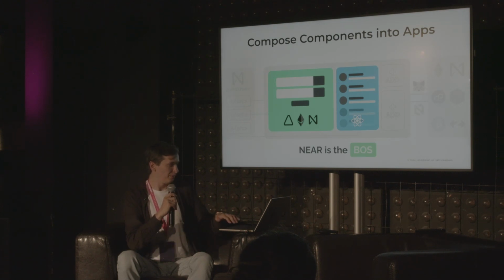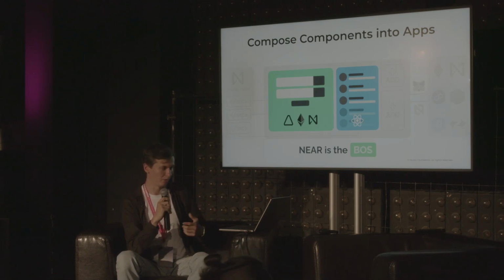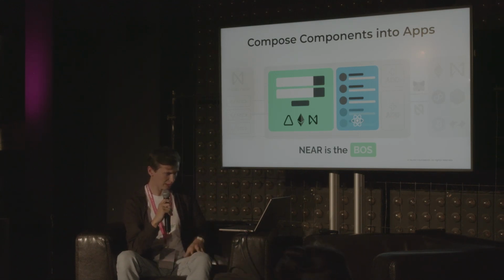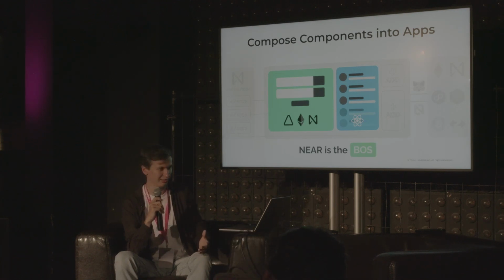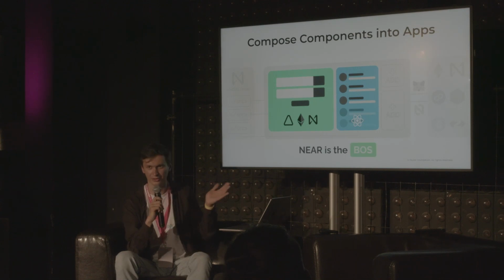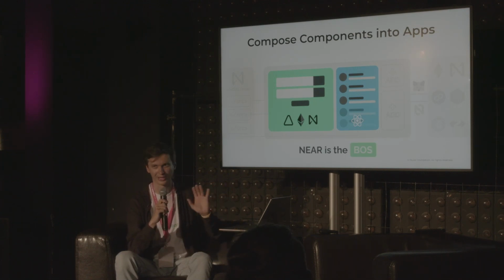So just to recap, we have composable components. It's not just one component. And all those components are deployed on the blockchain. They are stored there permanently, or until you choose to delete them. But in the history, you can always recover and see the history of the changes. So we already have it kind of on chain.